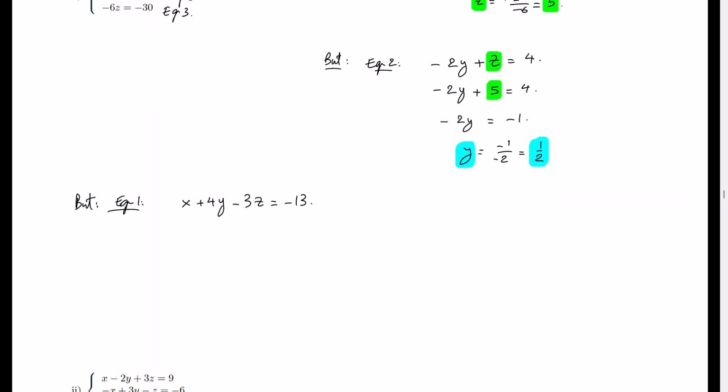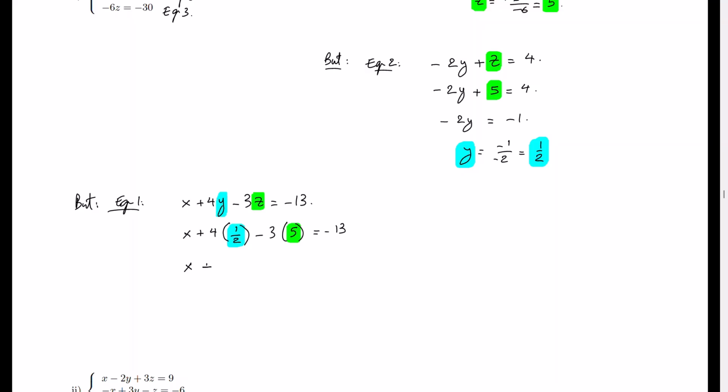So let's plug in the numbers we got for y and z. So far we know that y is 1/2 and z is 5, as we previously found. So if I plug in 5 for z and 1/2 for y, this should be straightforward to solve, and I can isolate x.